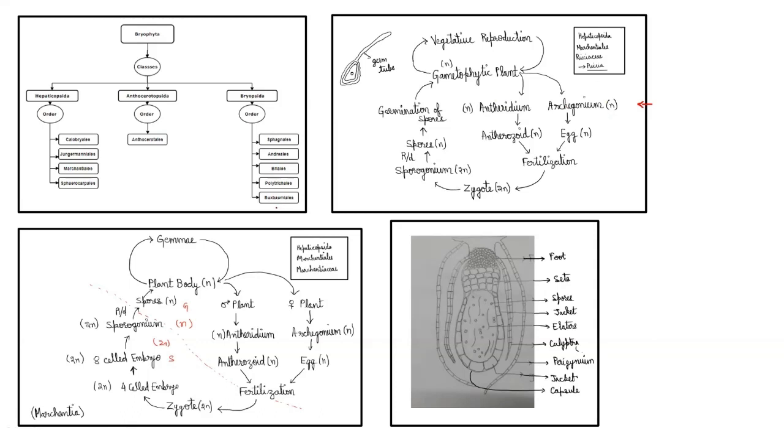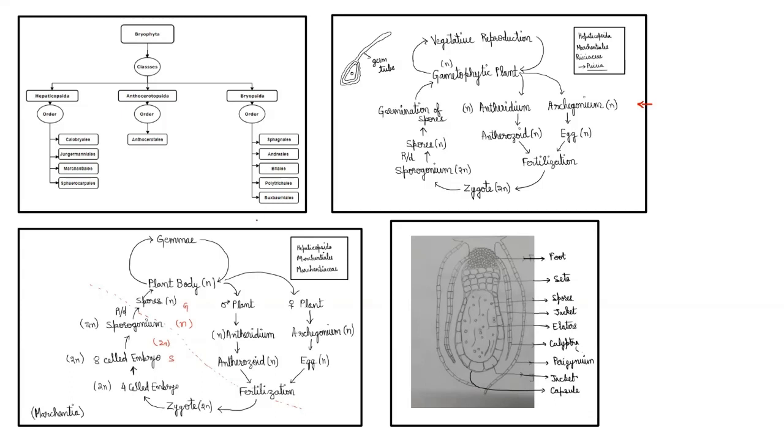Now, when these antheridium and archegonia are produced, they produce gametes such as antherozoids and the egg, and they fertilize to produce the zygote, and this zygote will form the sporogonium or the sporophyte. This sporophyte will produce the spores, and these spores are produced by the reductional divisions of the spore mother cells. Now, these spores will germinate to form the gametophytic plant. The gametophytic plant reduplicates itself with the help of vegetative reproduction. Now, germination of spores is through the germ tubes.